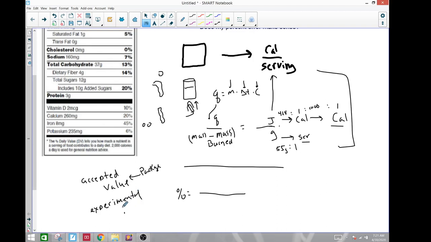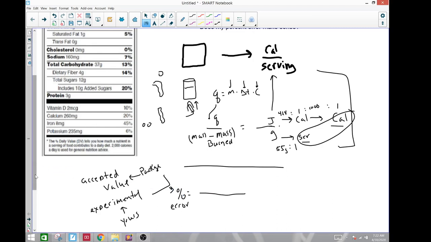That is what you got in your experiment, right from your lab, your calories per serving that you got for yours. Those are the 2 things you need to solve the percent error problem. If you don't know the percent error formula, do a quick Google search and you'll find it. I'm not going to give it to you.